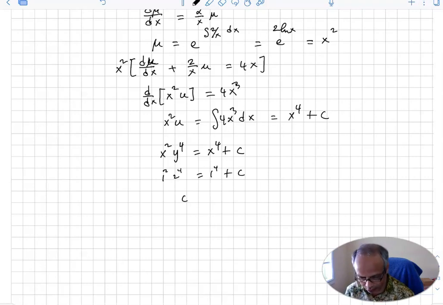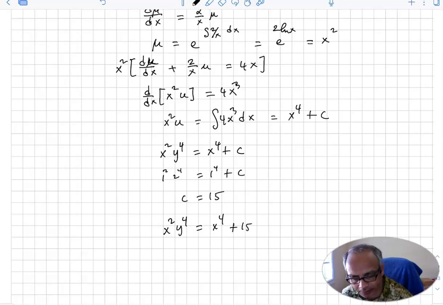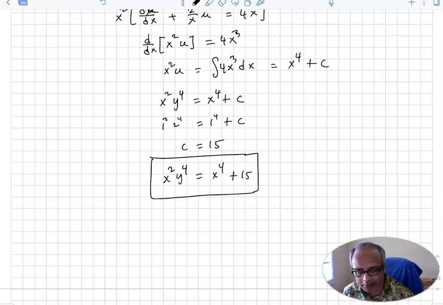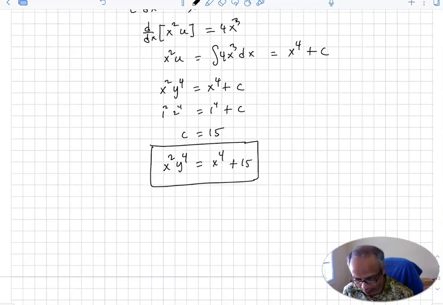So 2 to the power 4 is 16, and 16 minus 1 is 15. Hence x squared y to the power 4 is x to the power 4 plus 15, and you can leave it like this because it's y to the power 4, so you are not going to find the explicit form, which is more complicated.